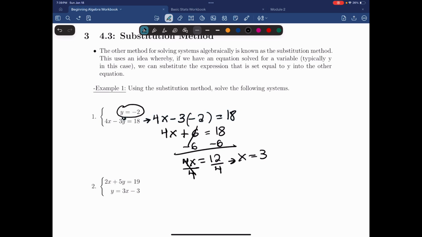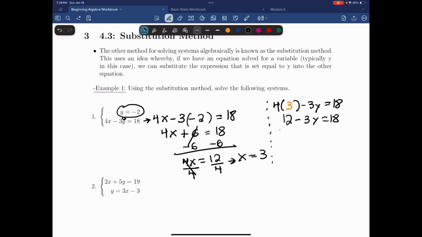And now, let's take what we got as our x variable and plug it in to this bottom equation here. So I'm going to do that over here. So we have 4 times x, which is 3, minus 3y equals 18. 4 times 3 is 12, and then we subtract 3y, set that equal to 18.